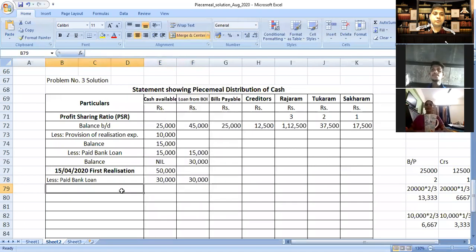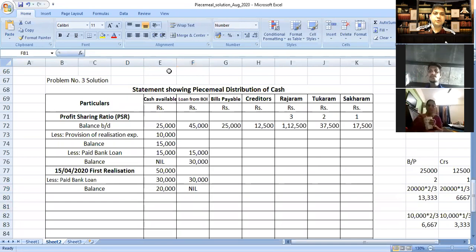Now the balance: 50,000 minus 30,000, the rest of the value is 20,000, and now there is no loan due, all amount paid.